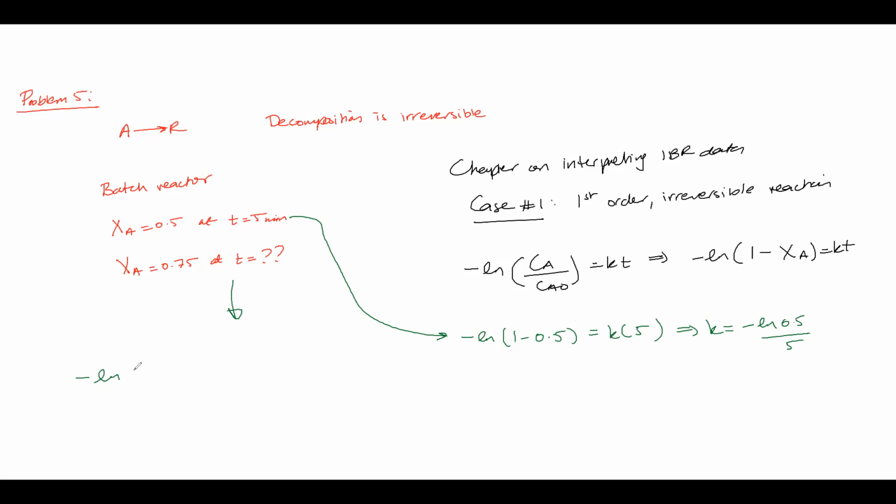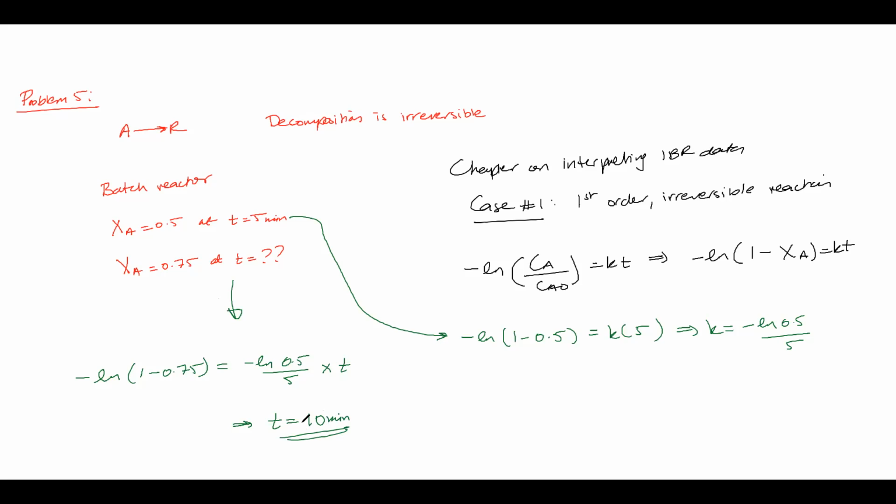I'm going to have minus ln 1 minus 0.75 is equal to K now, which is minus ln 0.5 over 5, multiplied by T. And you solve for T, so you're going to get T to be equal to 10 minutes. Is that correct? Let me double check. So I get ln 0.25 multiplied by 5 divided by ln 0.5. And yeah, it will be 10 minutes.